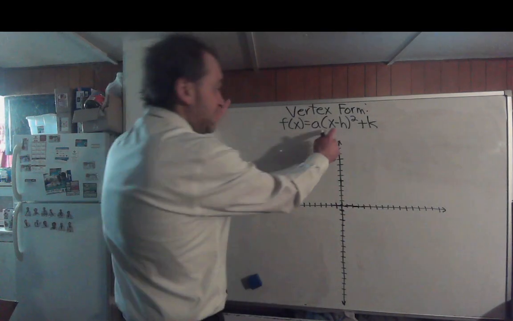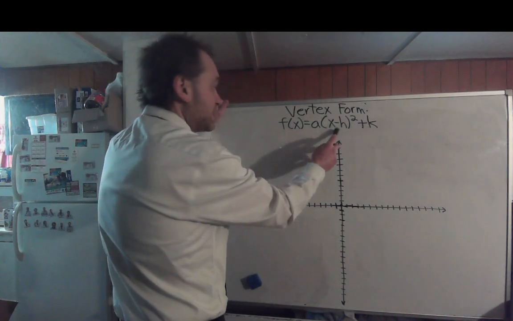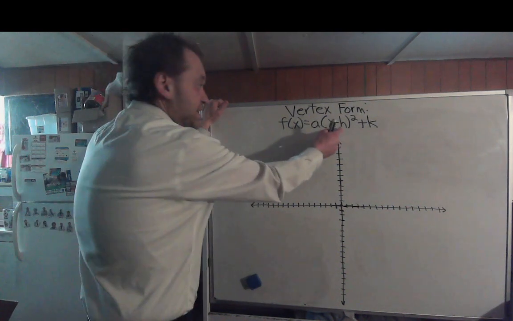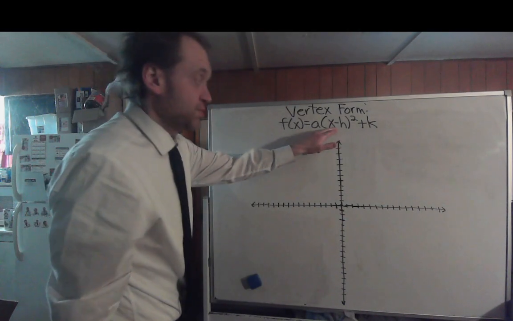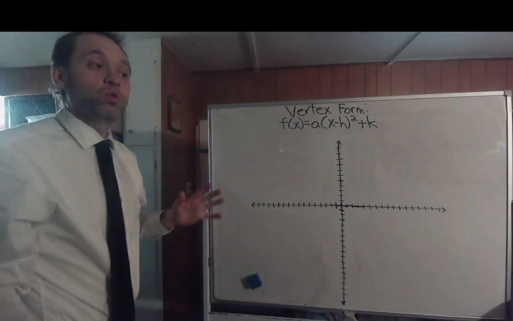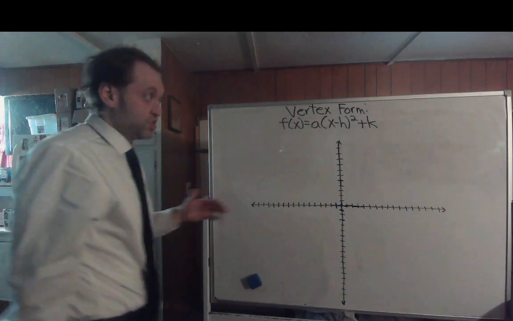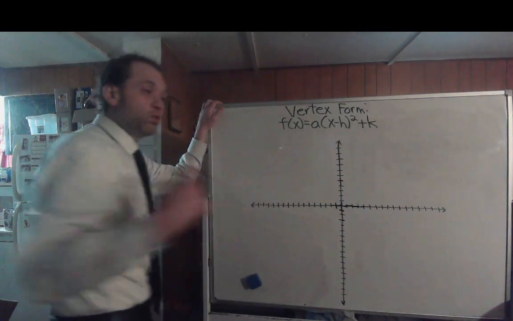Now, you have the x minus h squared. The idea is, if you take x minus h, set it equal to 0, you would of course get x equals h. That will be the x-coordinate of your vertex, as x equals h, which was also your line of symmetry. And then that k is your y-coordinate of the vertex.